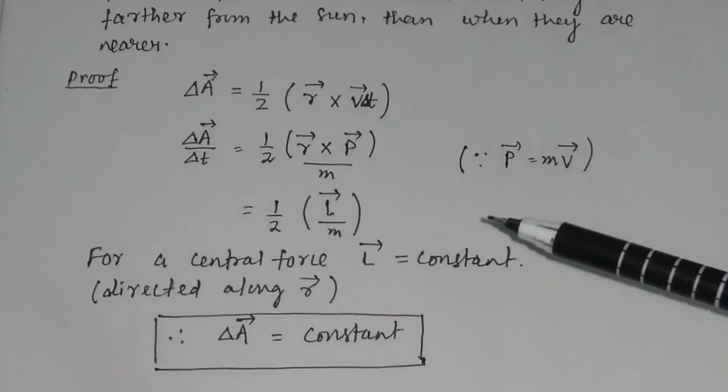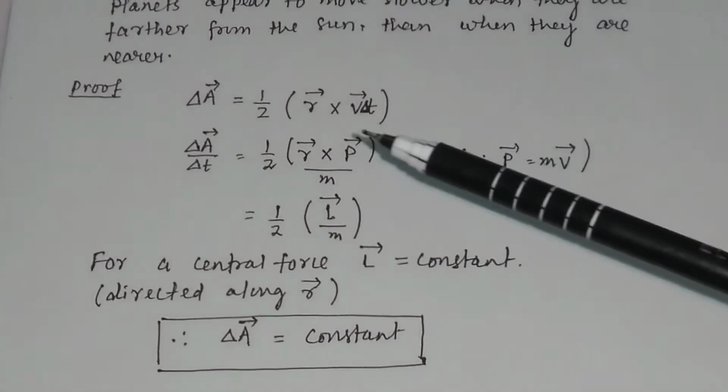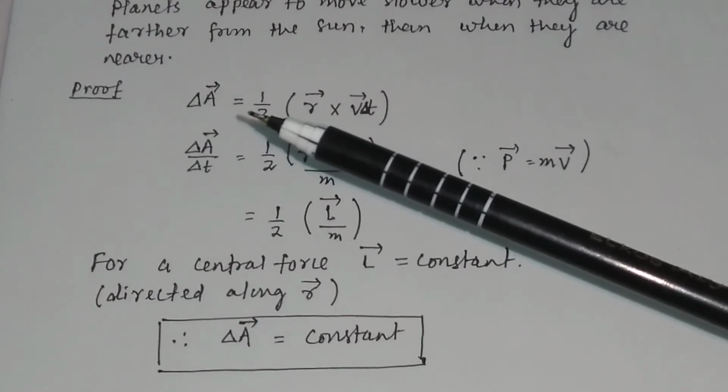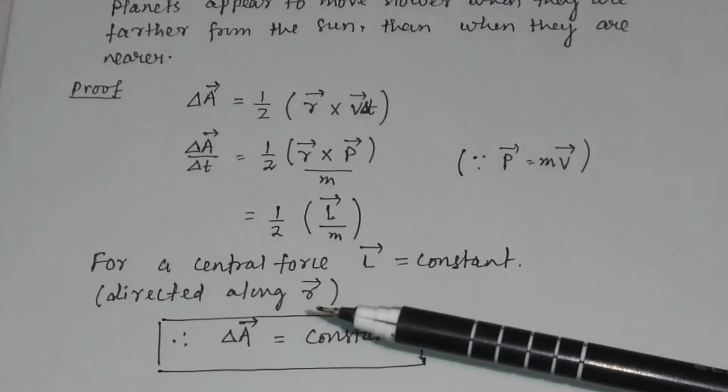Mathematically, you can also prove that delta A must be equal to a constant.